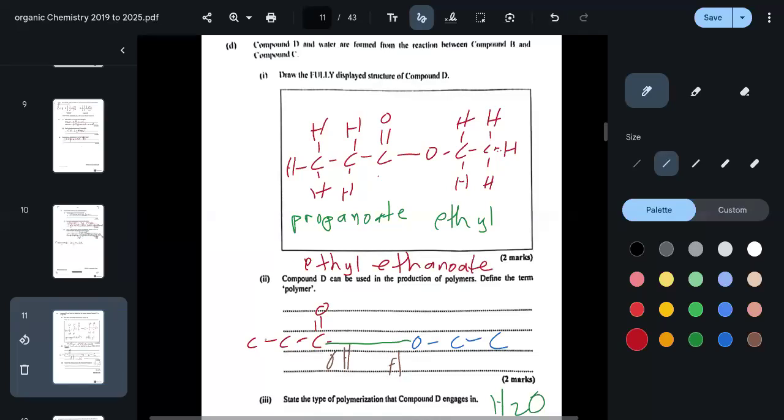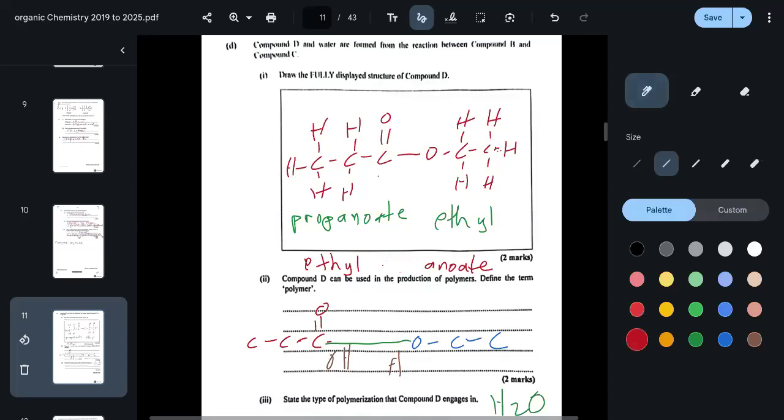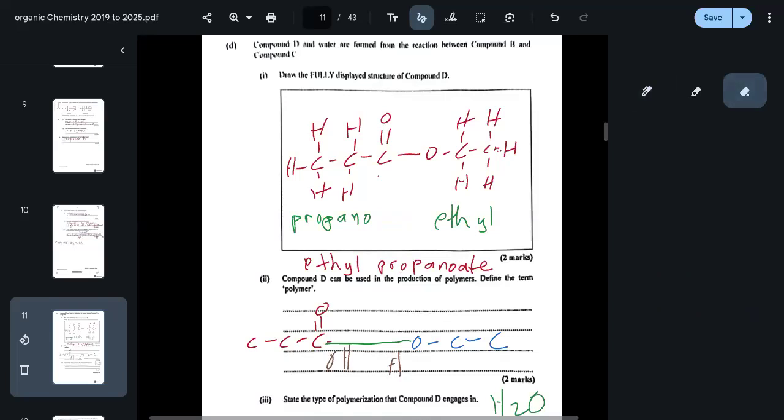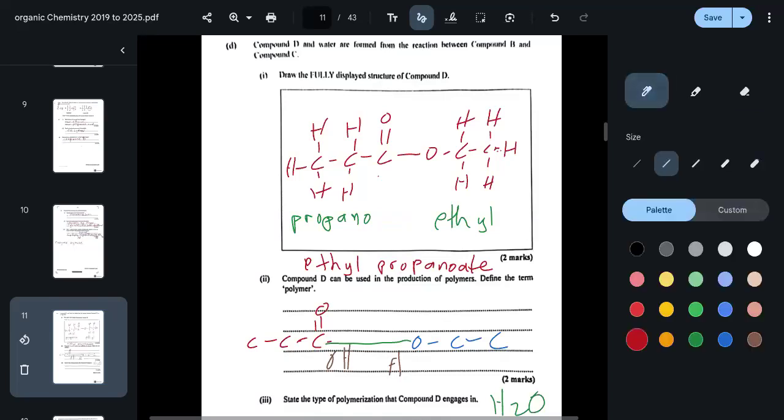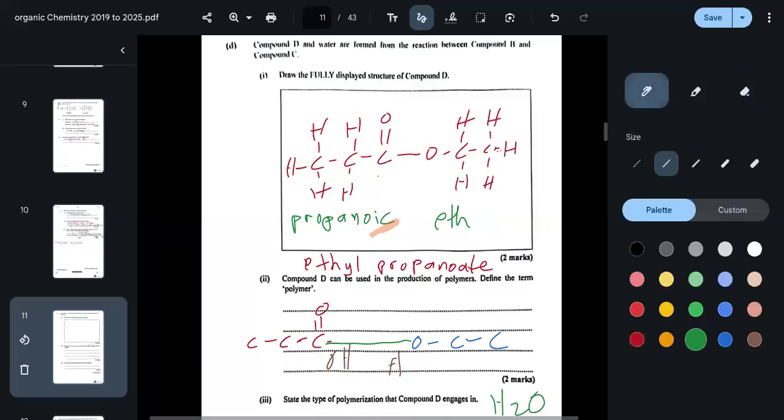Let me just check that this is recording. Isn't that supposed to be propanoate? Yes, propanoate. Thank you. Let me put back the ic and highlight that is what we change. And let me put back the ethanol and highlight it.